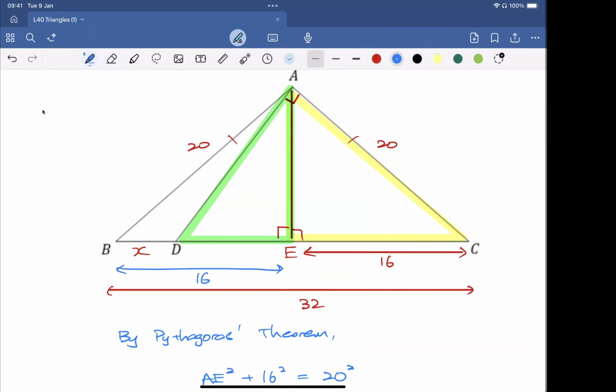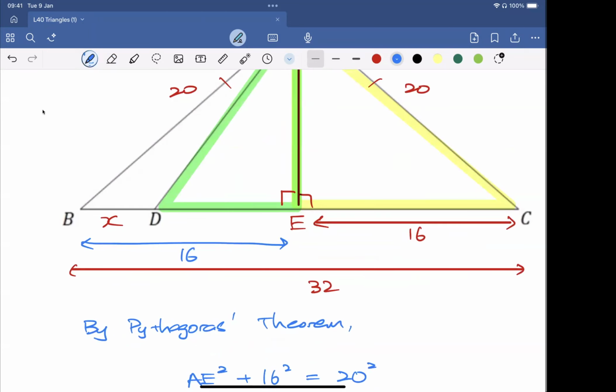Students, can you type in the chat? If this is x, let me label this x, and this is 16, what is this length here? Type in the chat now.